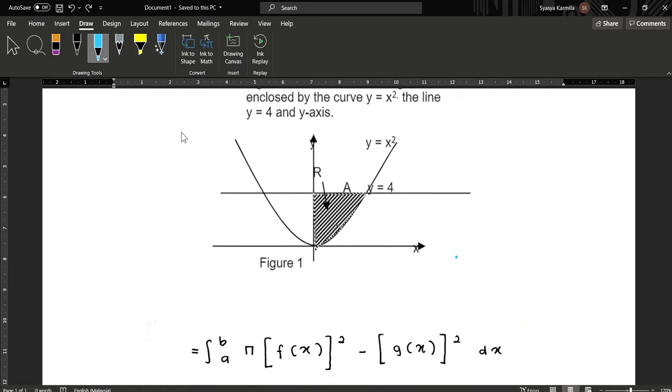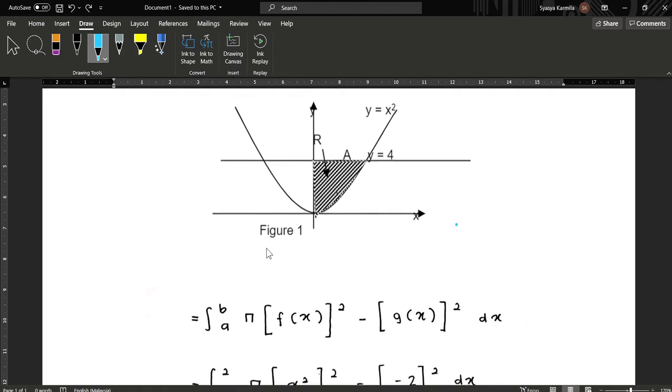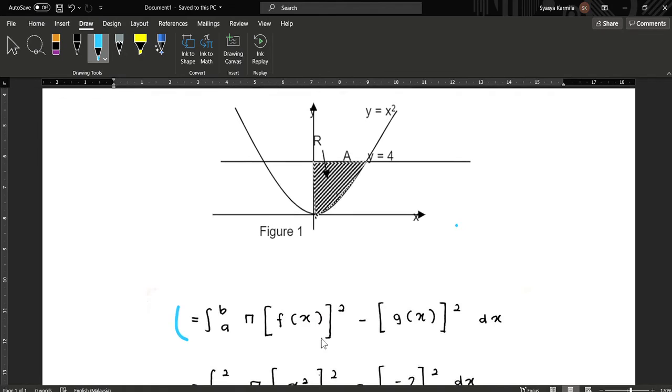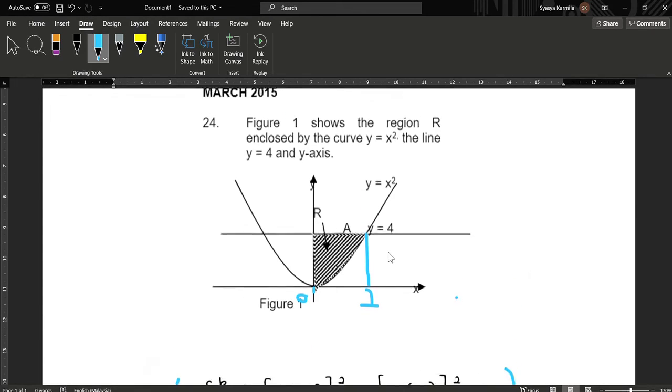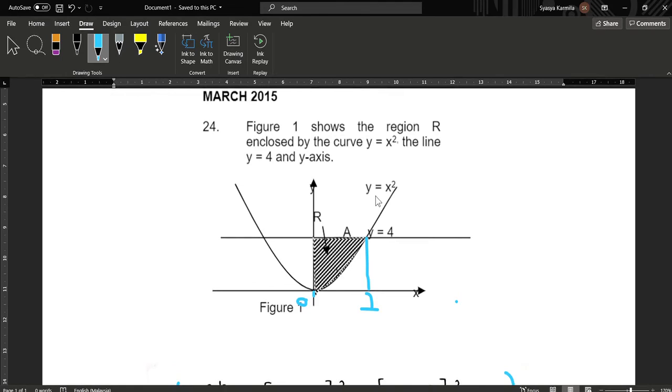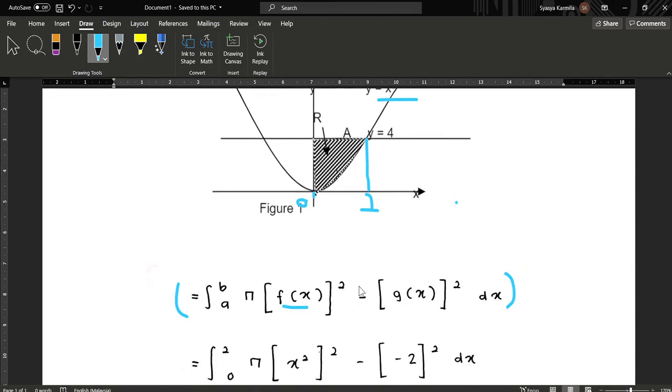So this is the figure and I'm using this formula to solve this equation. b represents this, equal to 2, and a equal to this, equal to 0. Okay, b to a pi f(x). f(x) represents this and g(x) represents the question.